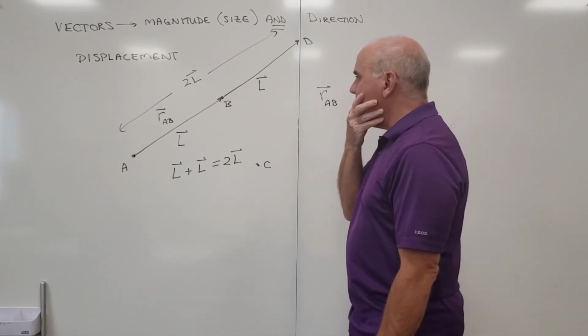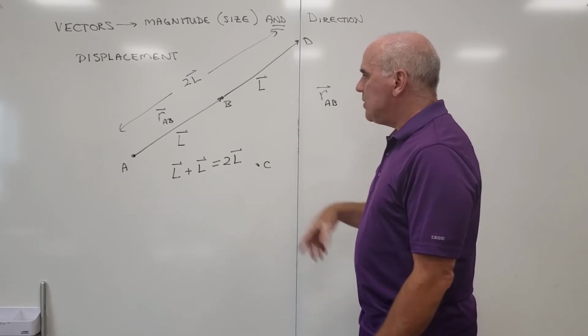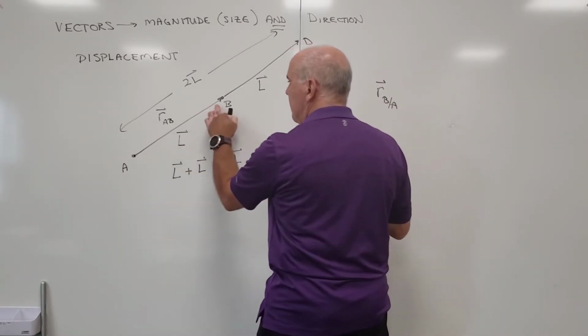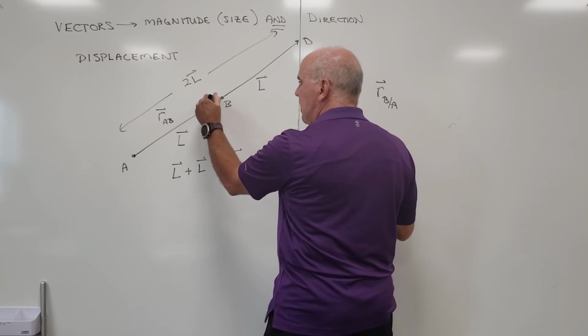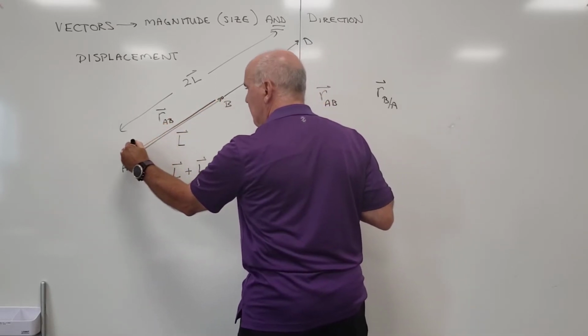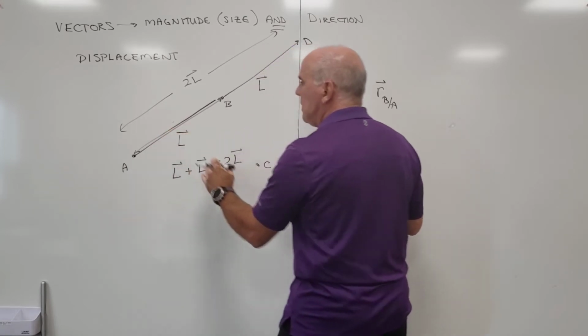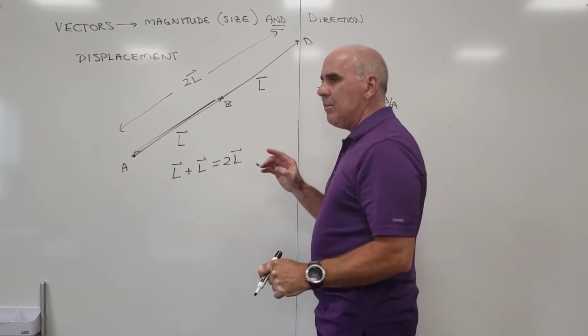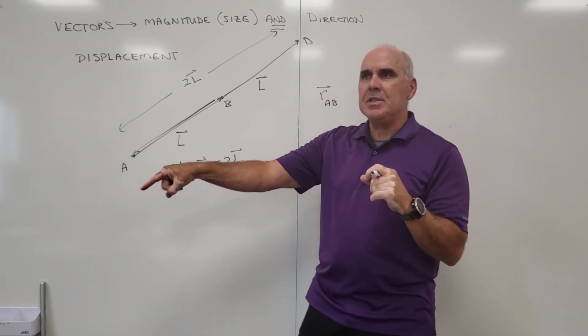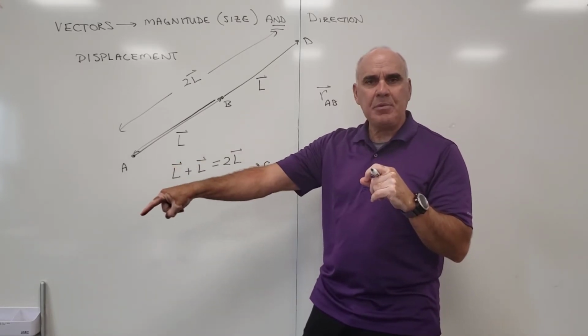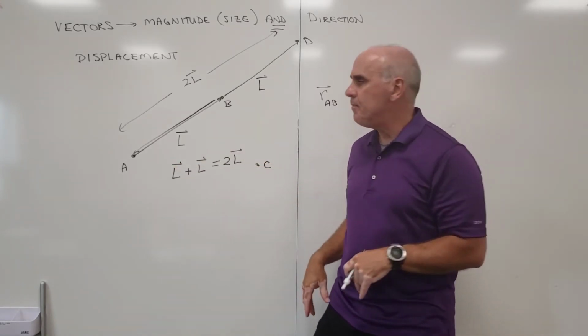Well, let's say, for example, then I travel L, right, from A to B, and then let me travel back again. Okay, I'm going to get rid of this for a second. I travel back. I'm going in the opposite direction, 180 degrees in the opposite direction, but the exact same length.